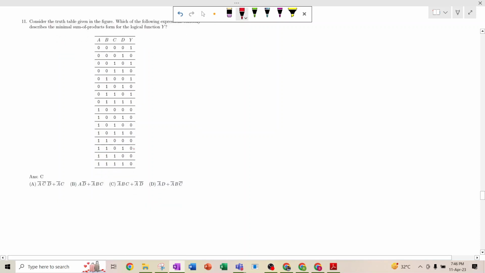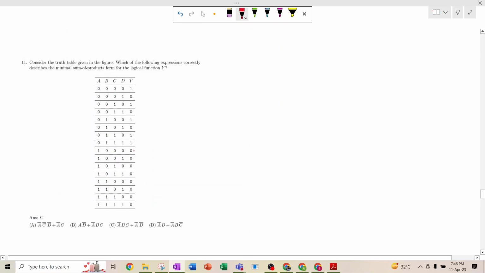Okay, the next thing. Consider the truth table given in the figure. Which of the following expressions correctly describes the minimal sum of product form of the logical function?